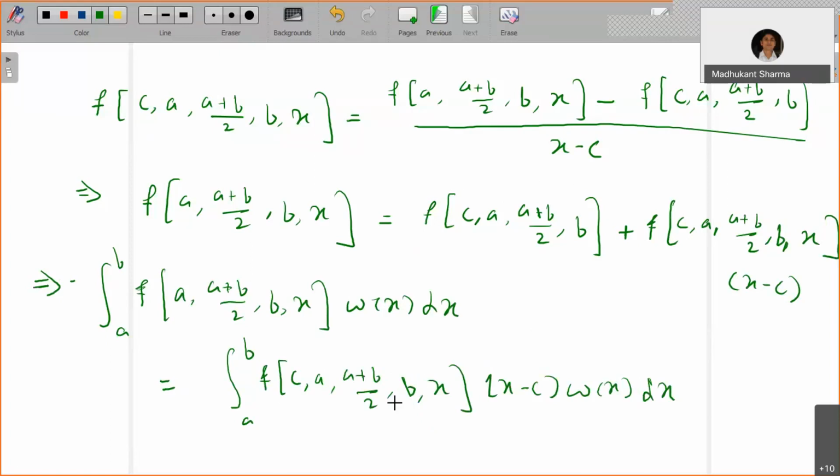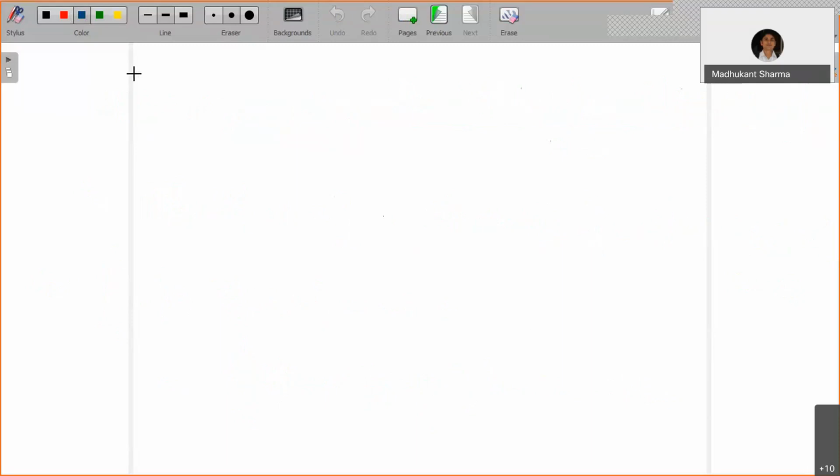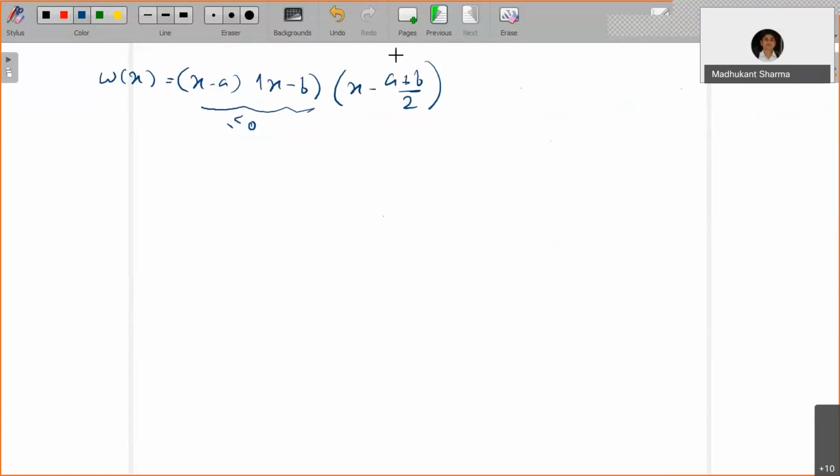Since you can choose this point c comfortably, see, what is w of x? w of x is (x minus a) into (x minus b) into (x minus (a plus b) by 2). Now these terms are less than or equal to 0, only because of this.